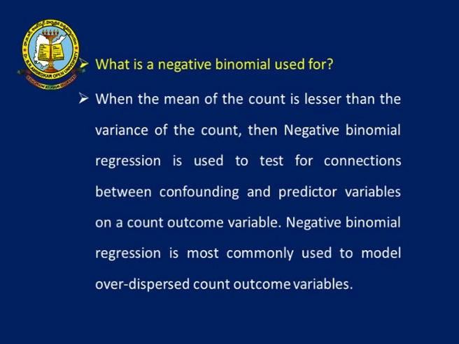Negative binomial distribution is most commonly used to model over-dispersed count outcome variables. See here, very important, this is most commonly used for over-dispersed outcome variables.